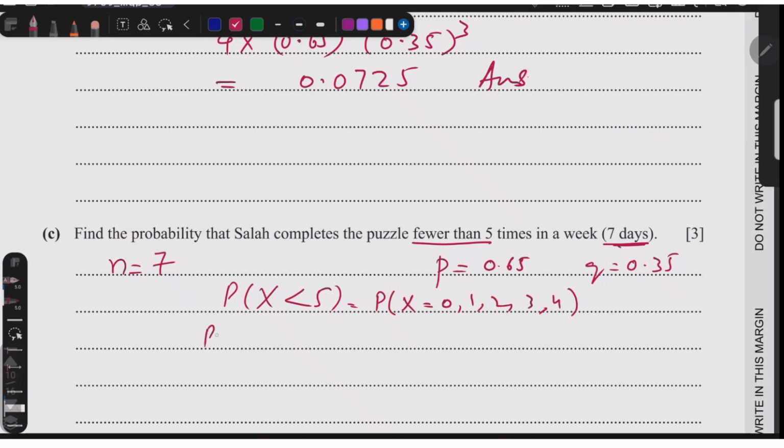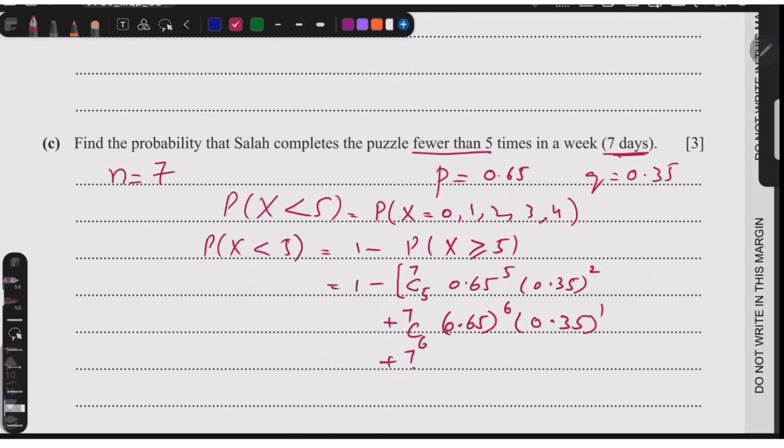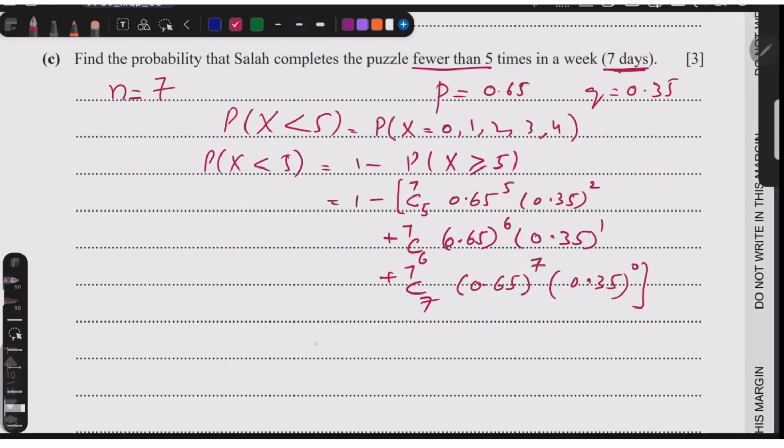Otherwise, we can also explain this as the probability of x greater than or equal to 5, so 1 minus this, and there are total 7 days: out of 7 days, 7C5, 7C6, then 7C7. When you simplify all the information, you will get this value.